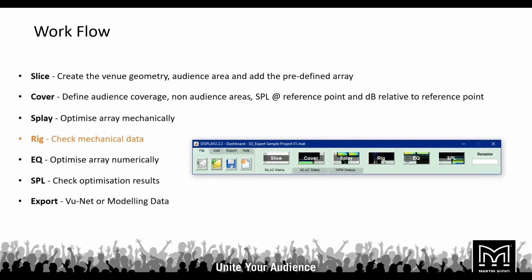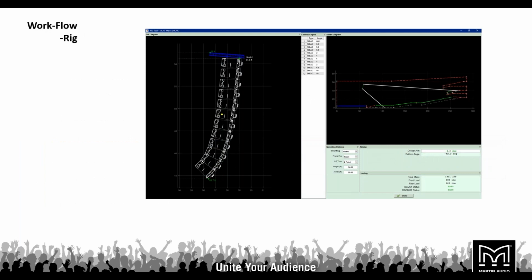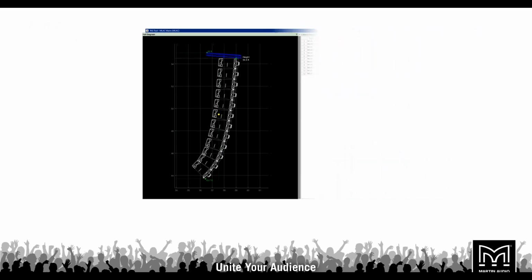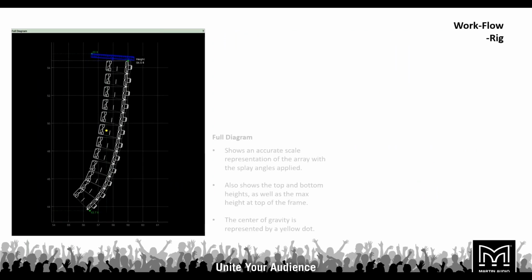So once you're done setting up your angles, we open the rig tab just to confirm that everything looks good and it's safe and secure to rig. First thing up is our diagram, which again shows bottom and top height. It also shows you the topmost height of the bumper in this one and the center of gravity.